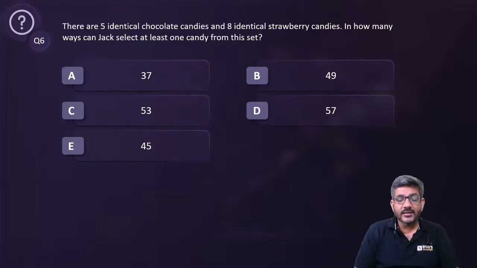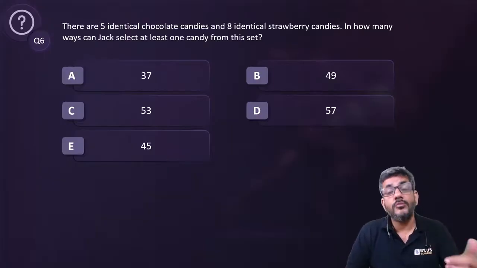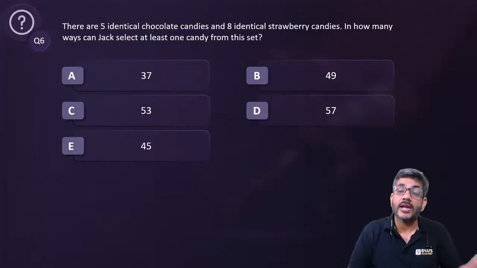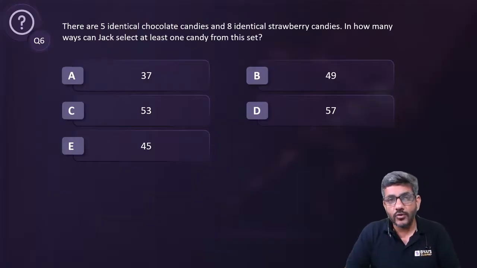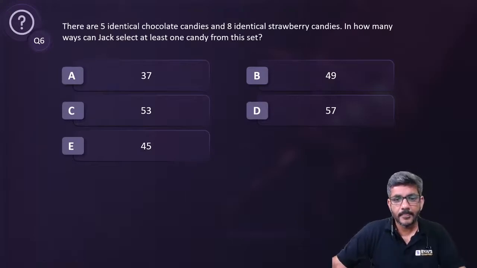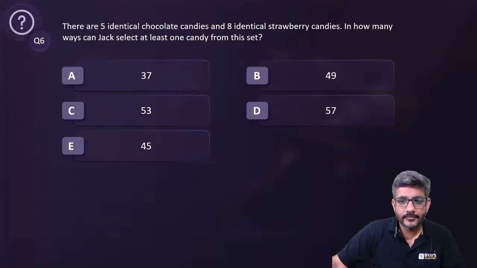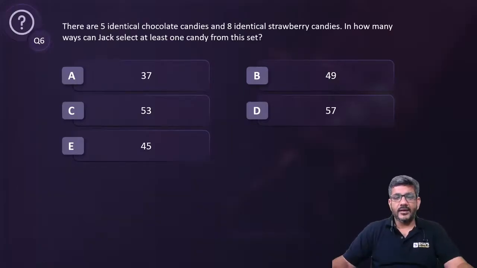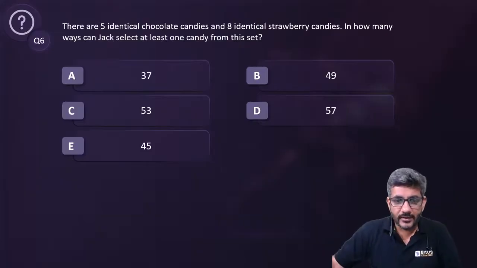Pragya Singh, as I said, total was the number of cases in which the sum came out to be a multiple of 4, and there were total of 9 cases in which the sum came out to be a multiple of 4. Any answer here in question number 6 now? Anyone?